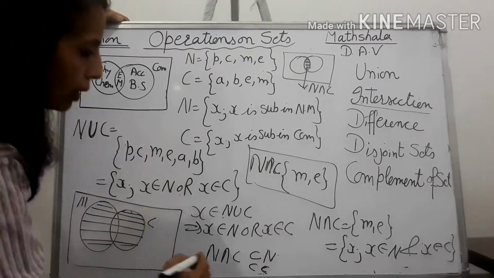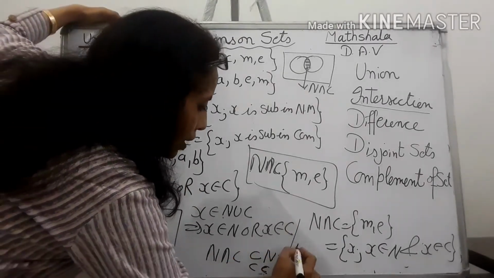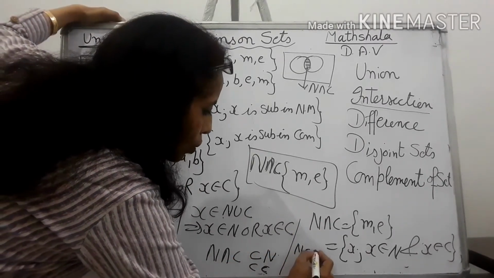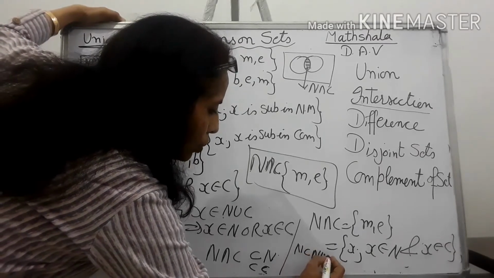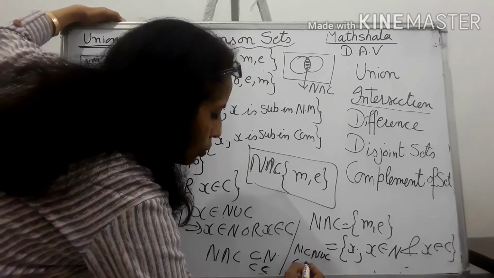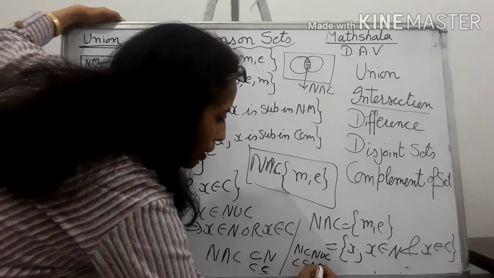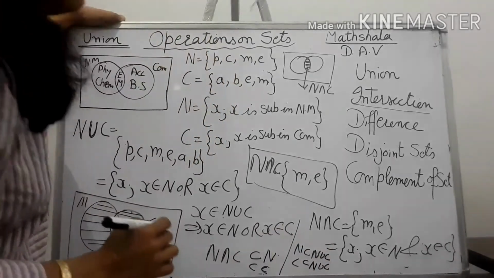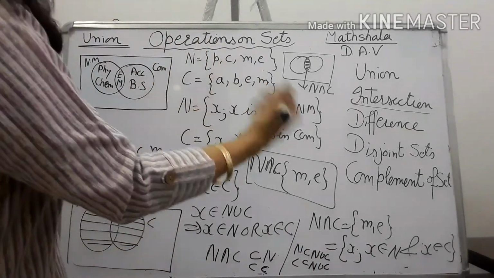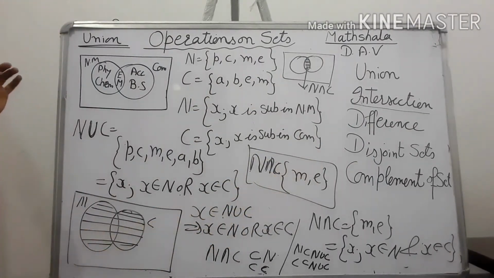For example, here we can say N is a subset of N union C. C is also a subset of N union C. We'll take the rest in the next step.